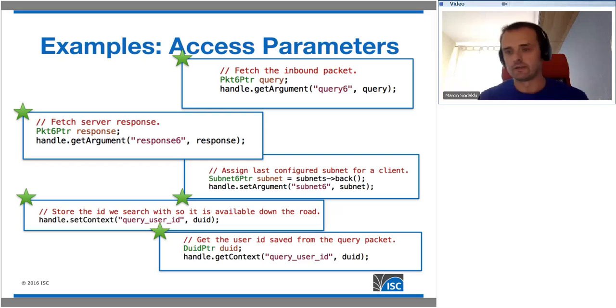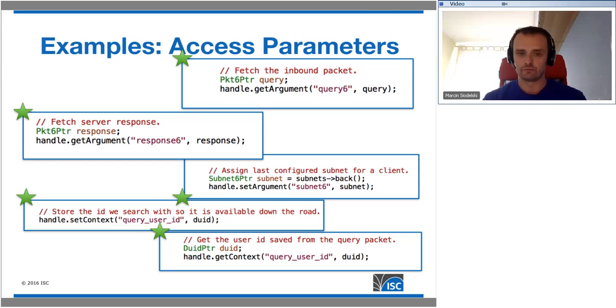Now, for completeness, some examples of how you would retrieve parameters that the server provides you with from within the callout. The first example here fetches the inbound packet. The handle is the callout handle, and then you call get argument, and then you name the parameter. The parameters are documented and specified for each callout.